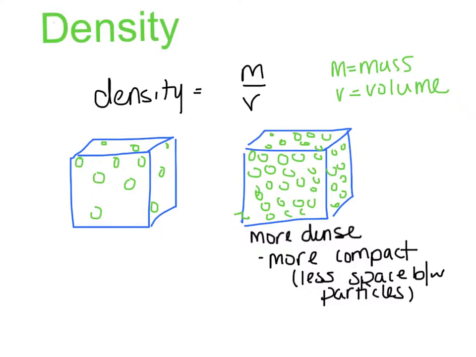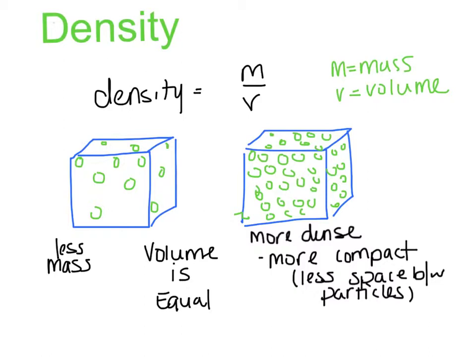Adam? Volume and different mass. Okay, so volume in both is equal. And what did you say about mass? They have different masses. Different masses, meaning what? The left one has less mass because it has more air in between the atoms.